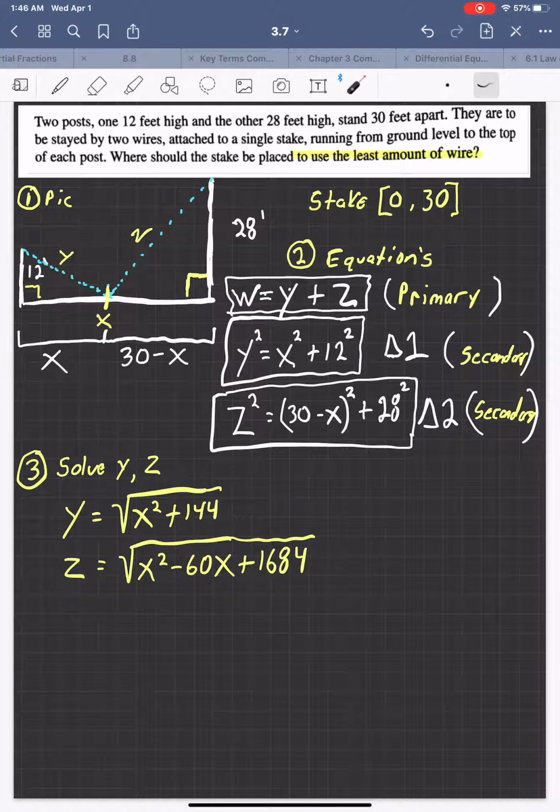Well, I think it's quite obvious that although mathematically y is equal to plus or minus the square root of x squared plus 144, the application is dealing with lengths, and there's no concept for a negative length. It doesn't make any sense.